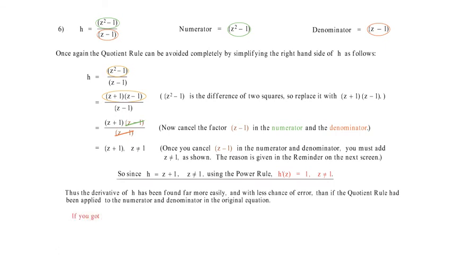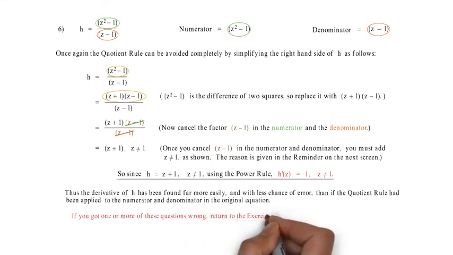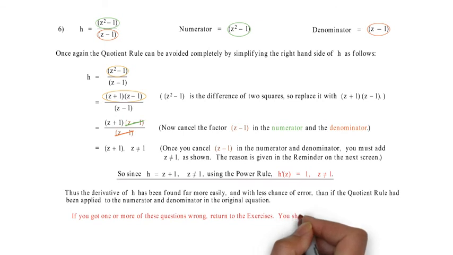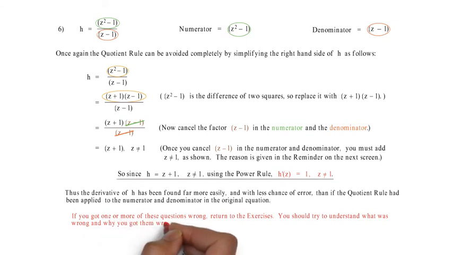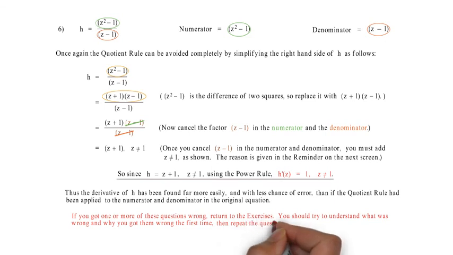If you got one or more of these questions wrong, return to the exercises. You should try to understand what was wrong and why you got them wrong the first time. Then repeat the questions until you get them all correct.